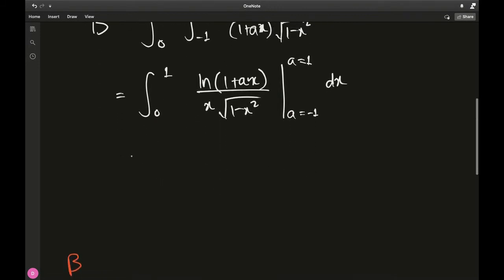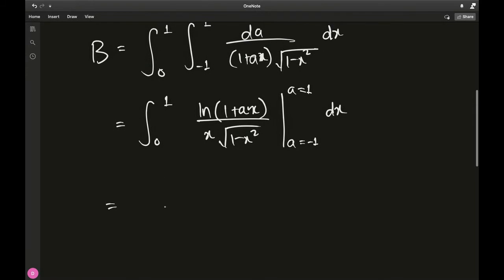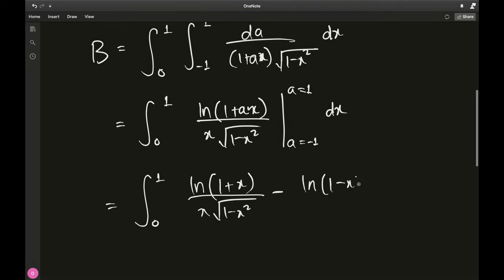dx. So when I do that, I have integral from 0 to 1 natural log of 1 plus x over x times square root of 1 minus x squared minus natural log of 1 minus x over x times square root of 1 minus x squared dx, and I like to bracket this out.